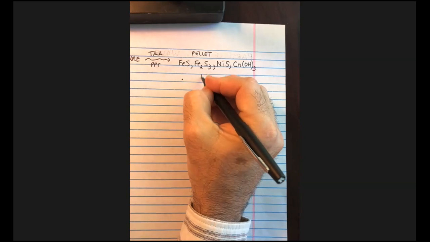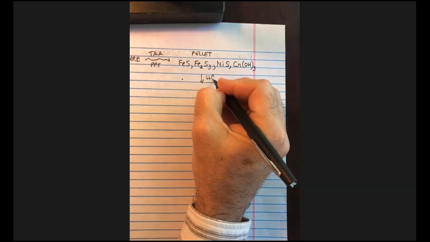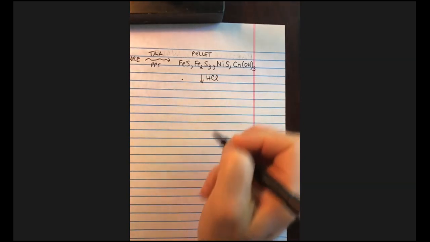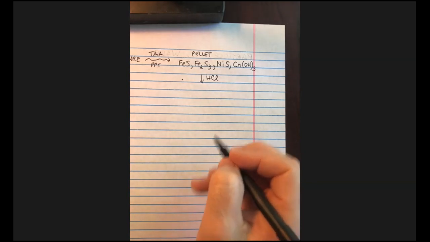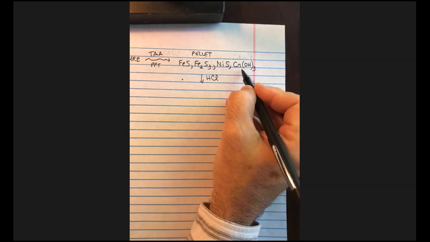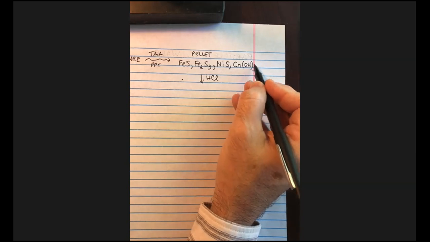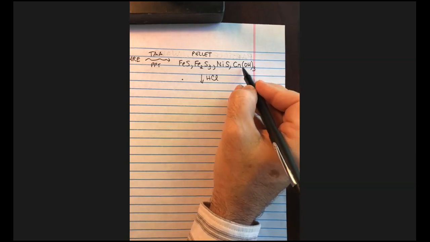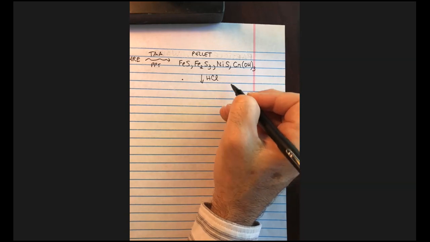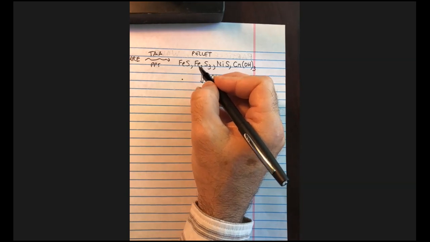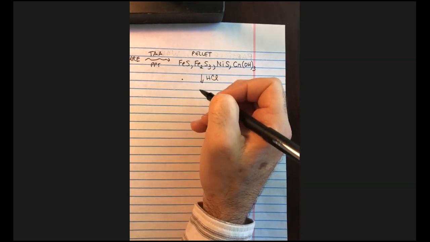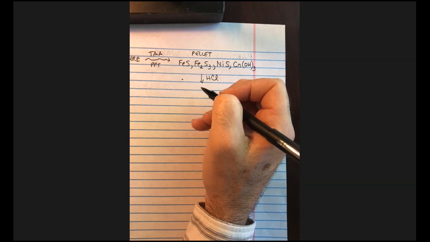Well, it turns out that in the presence of acid, our iron and chromium ions will redissolve. The chromium ions redissolve because the acid knocks off the hydroxide and neutralizes it, which pulls the equilibrium back towards the dissolved chromium ions. The iron sulfides, on the other hand, undergo an actual reaction in the presence of acid.